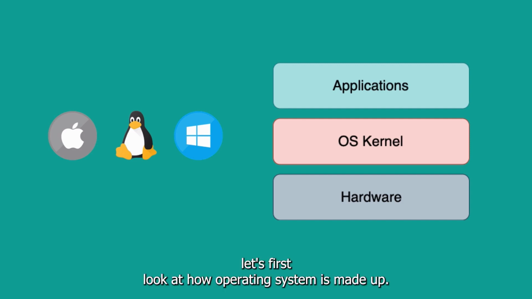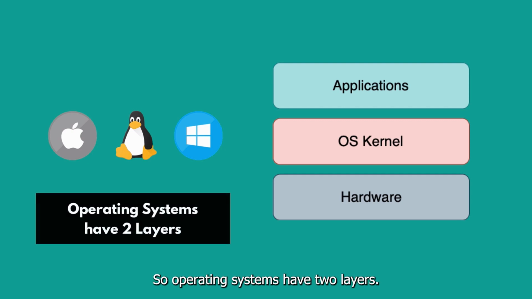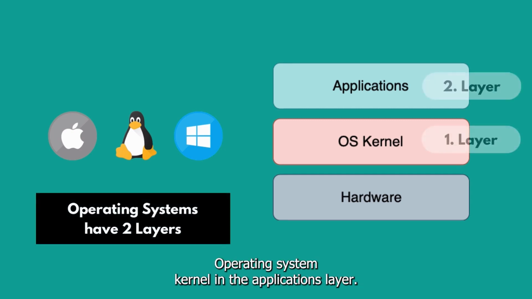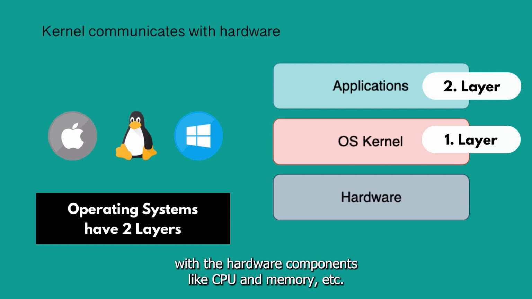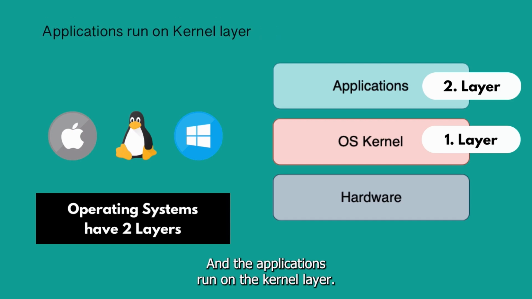So let's get started. In order to understand how Docker works on the operating system level, let's first look at how an operating system is made up. Operating systems have two layers: the operating system kernel and the applications layer. As you see in this diagram, the kernel is the part that communicates with the hardware components like CPU and memory, and the applications run on the kernel layer, so they are based on the kernel.